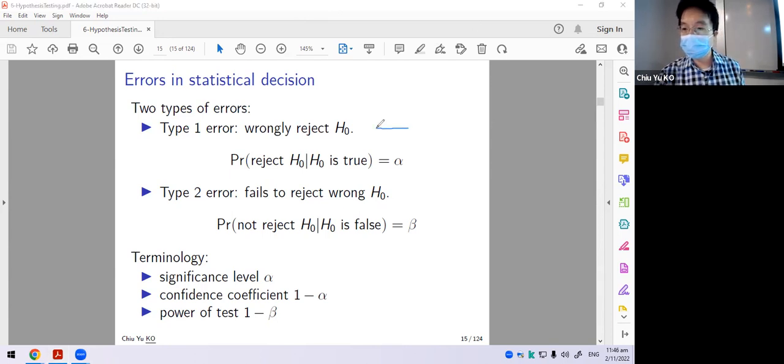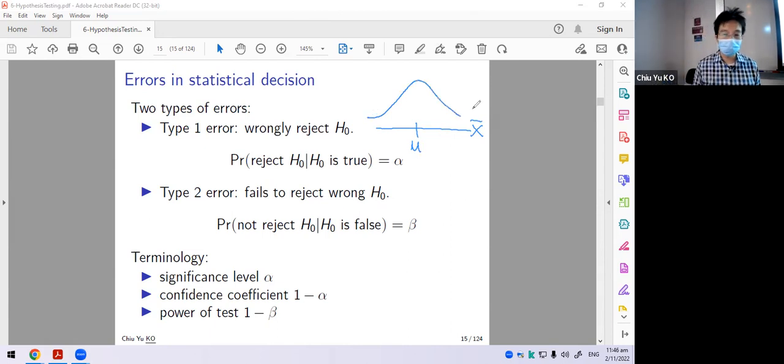Suppose I have mu here, and suppose I have the normality assumption, or the central limit theorem, which gives that. If H0 is true, you would have this bell shape. But suppose H0 is wrong, and suppose the real mean is here. You will still have this guy.